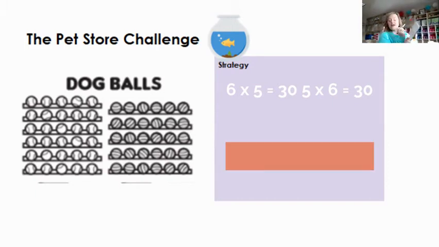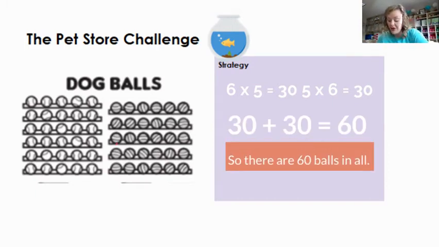So I'm going to take 30 and add 30 plus 30, and that is going to give me 60. So the strategy that I used was skip counting and the commutative property, and then I just added.